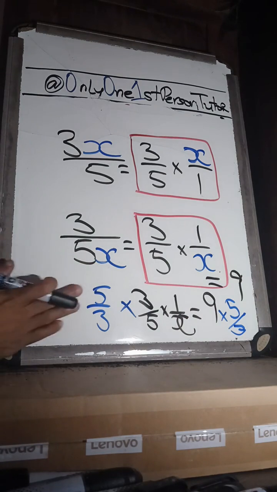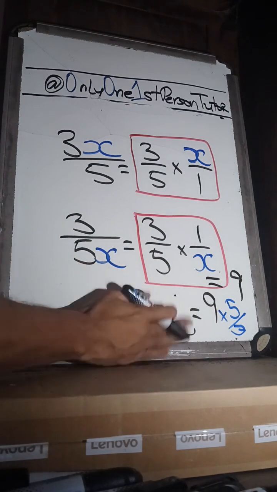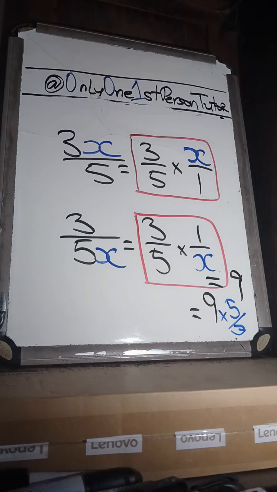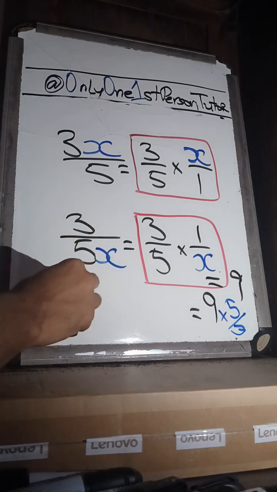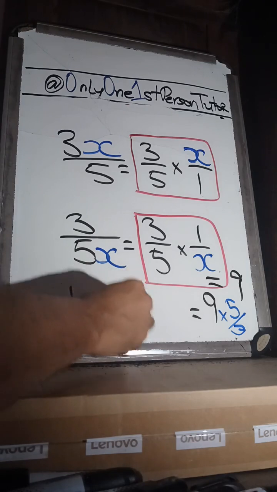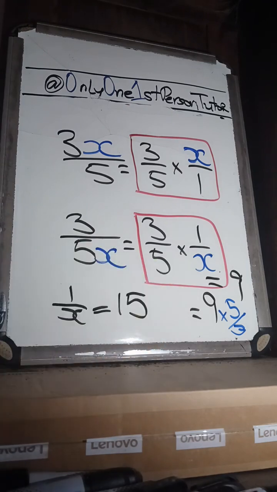So then you're left with 9/3, 3 times 5, 15. You have 1/1 over x is equal to 15.